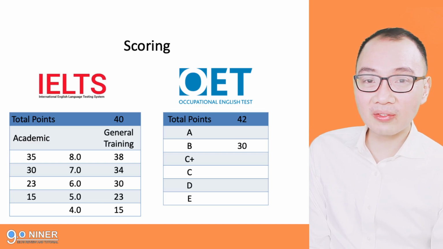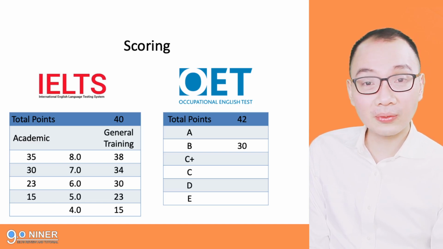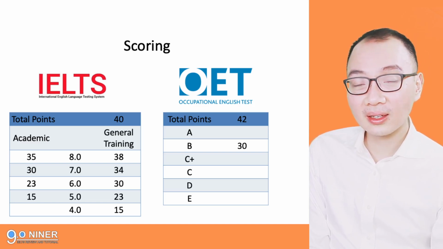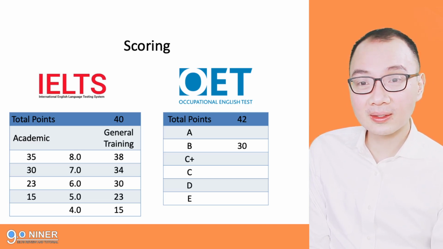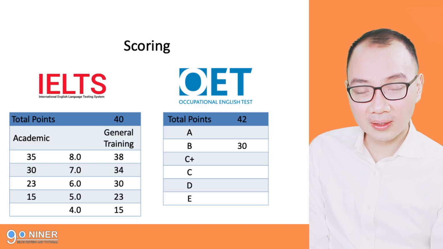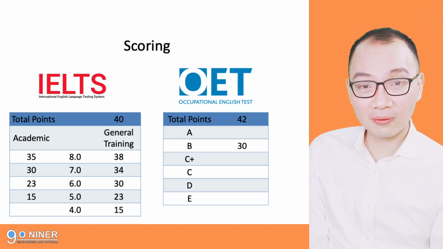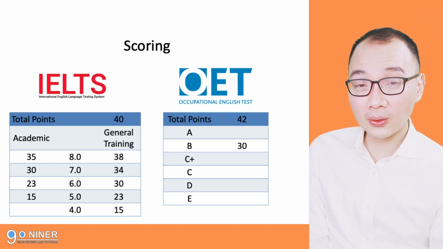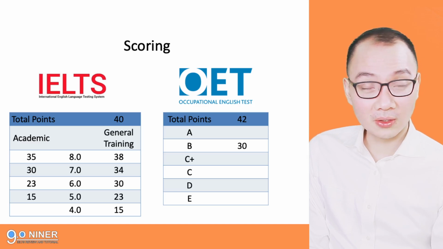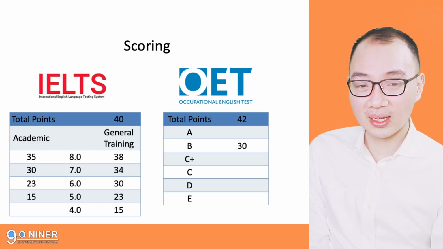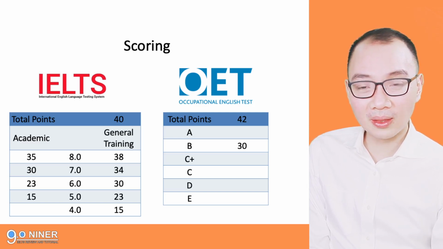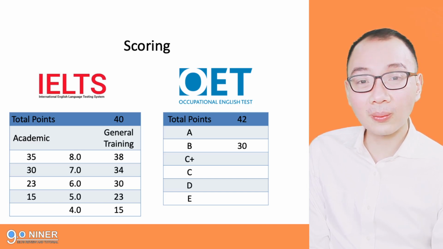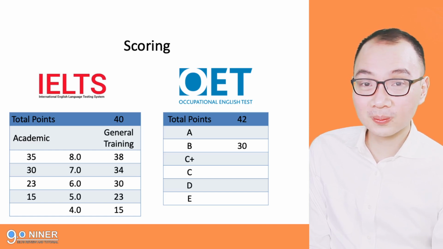So to ensure that everyone has equal footing, is on a level playing field, both IELTS and the OET adjust these equivalences. So for example, in OET, if the exam version that they get is harder than usual, maybe to get a B, they just need to get a 29 or a 28. However, if it's easier than usual, then maybe they would need to get a 31 or a 32.